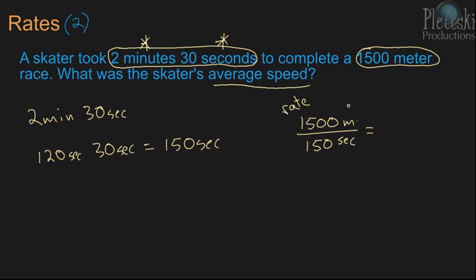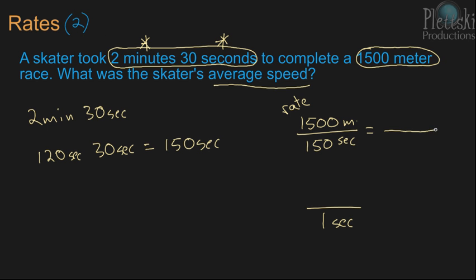What we want is a unit rate, which means that the denominator is going to be 1 second. A unit rate means the denominator is one for that unit of measurement. So 1 unit, 1 second. In order to change the denominator to 1, we're going to have to divide it by 150.